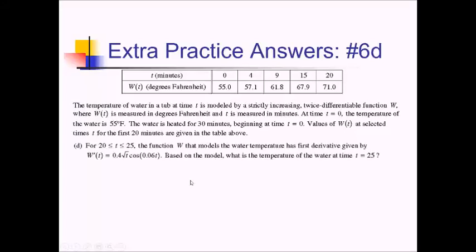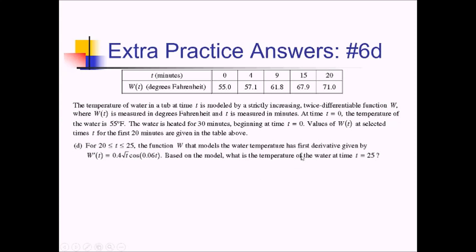For the last part of this free response problem, we're told that from time 20 to 25, so this is kind of the epilogue to what we've been doing, the function W that models the water temperature has a first derivative given by this W prime function right here. Based on this model, we want the temperature of the water at time 25. Well, to get this, this is basically the fundamental theorem in action.